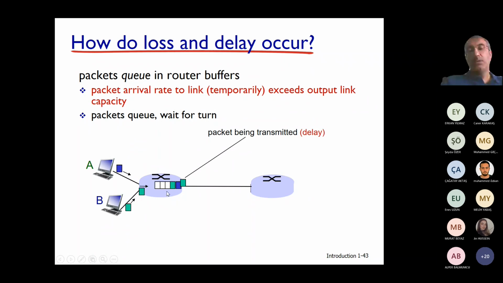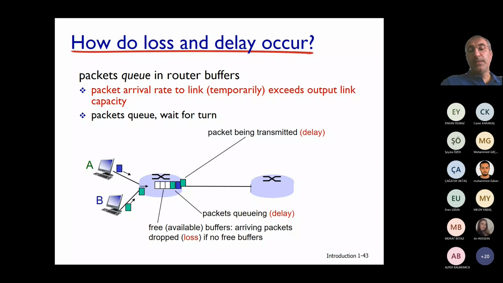So the packets are going to wait in this queue in order to be transmitted. But if the buffer fills up, then these packets may be dropped, and then you lose these packets. That's how the packet loss and delay occur at the router.